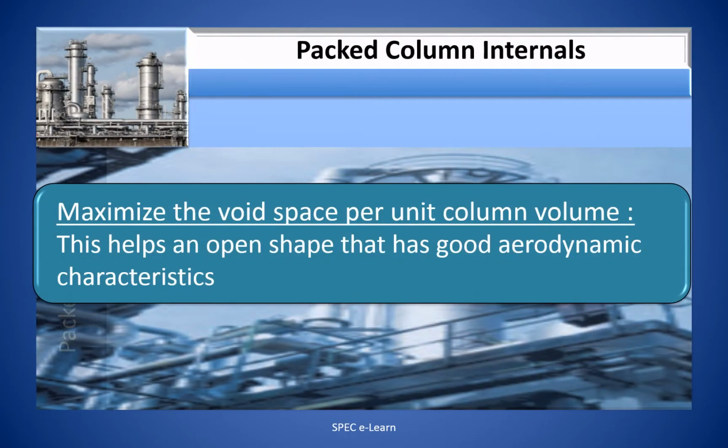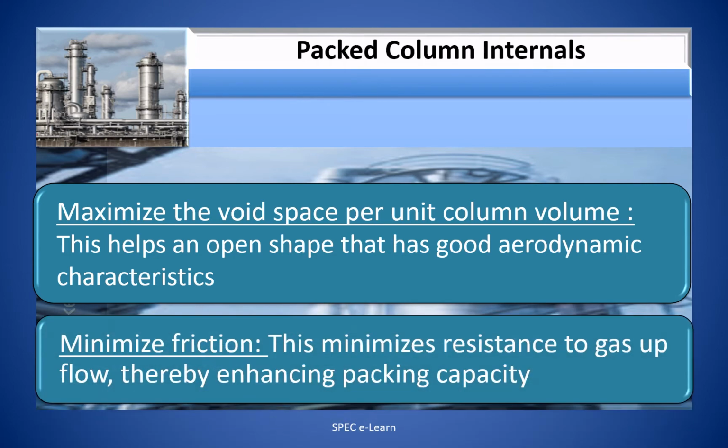Maximize the void space per unit column volume. This helps an open shape and has good aerodynamic characteristics. Minimize friction. This minimizes resistance to gas flow, therefore enhancing packing capacity.